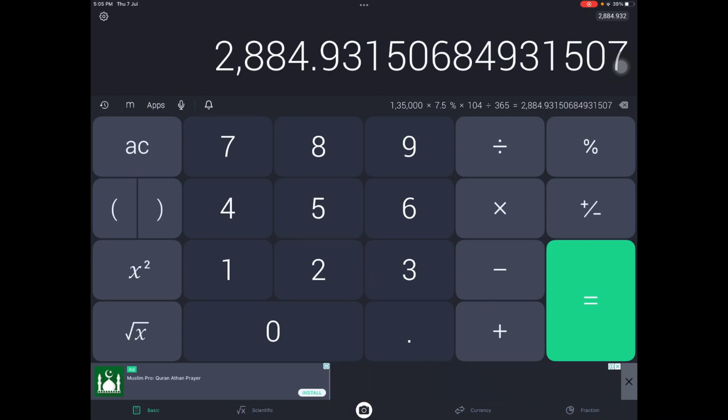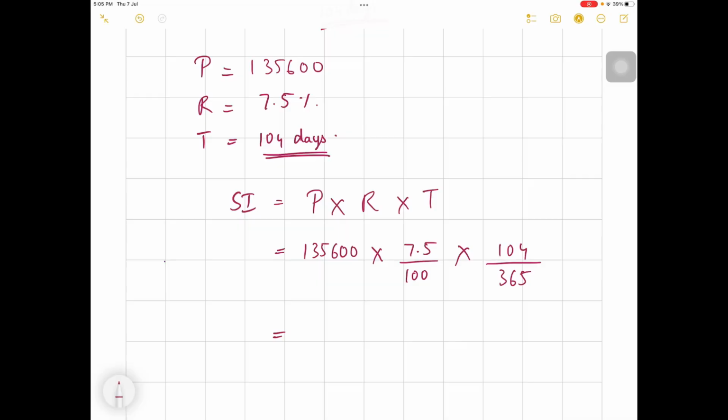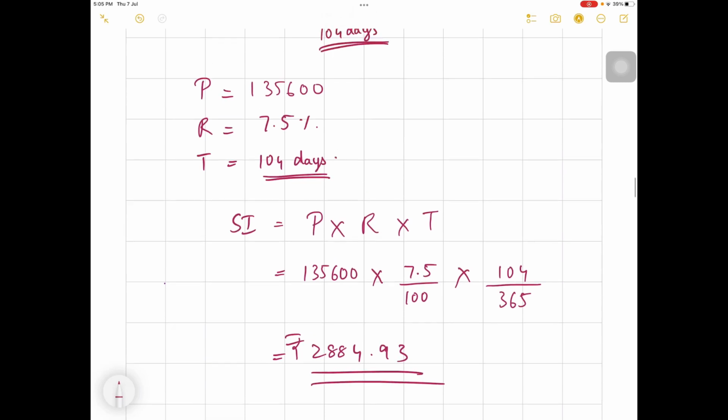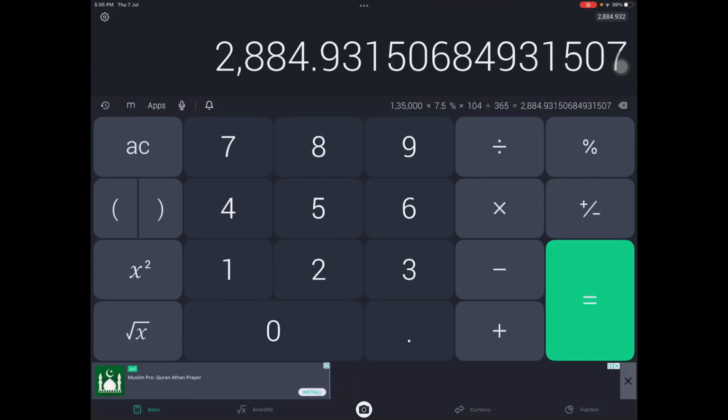So simple interest is 2884.93. Okay, sorry. 1,35,000 I did, no?